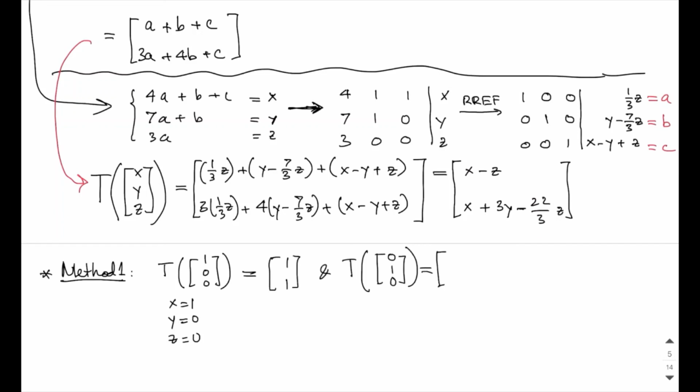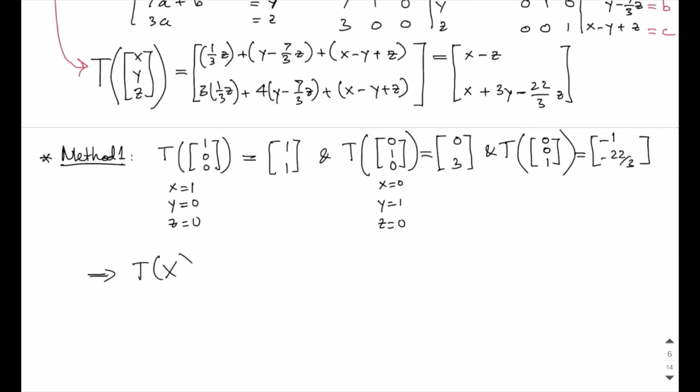This means that x is 0, y is 1, z is 0. And so you plug in here and compute, you should get (0, 3). And then you compute the last column. So that has to be (-1, -22/3).